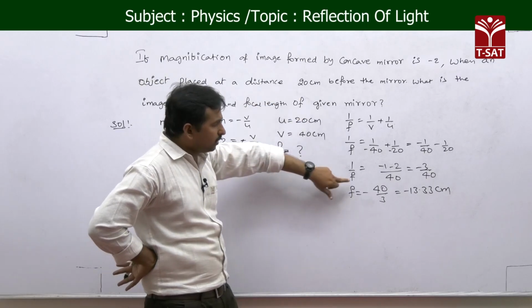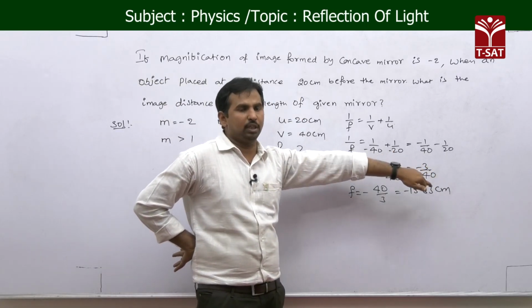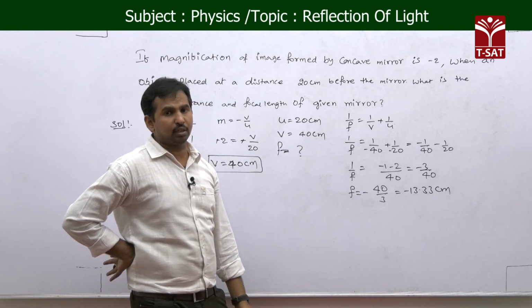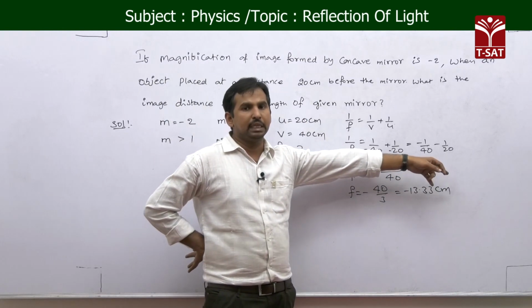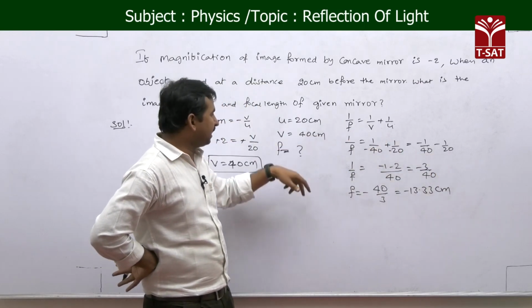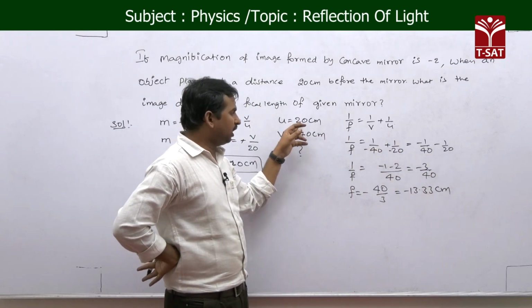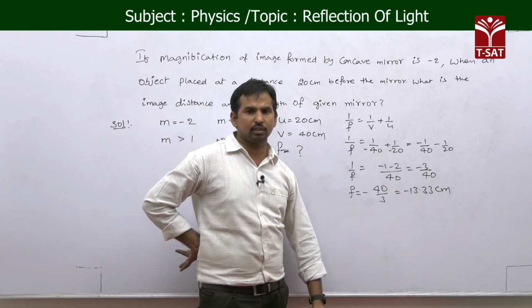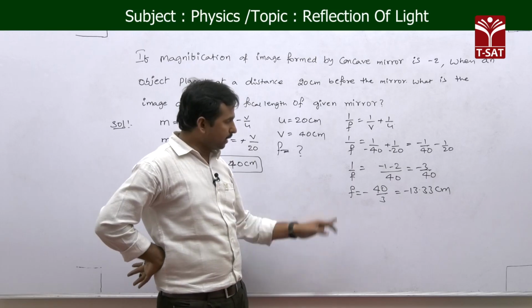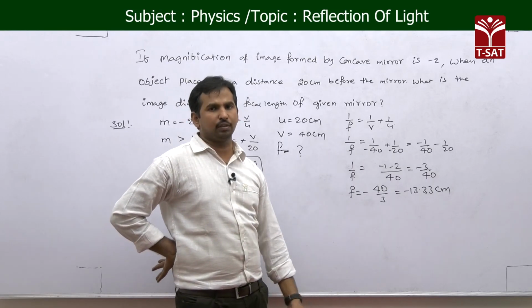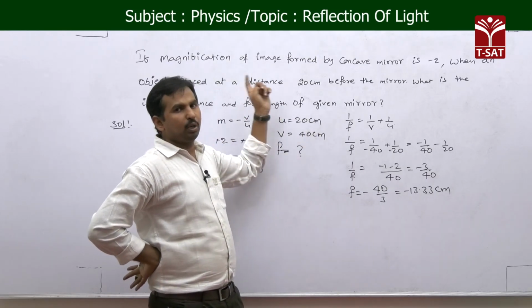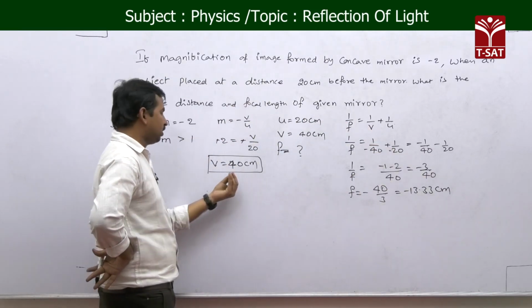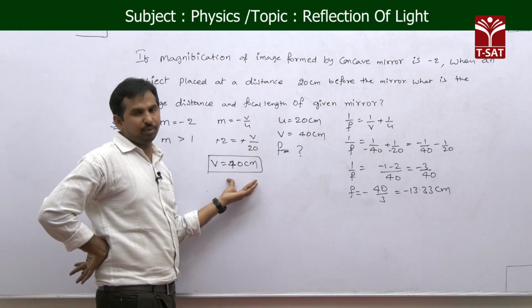If the focus is at approximately 13 centimeters, then the center of curvature is at 26.66, which means the object is in between focus and center of curvature. As the object is in between focus and center of curvature, the image is formed beyond C, which is more than 26.66 centimeters, and we got 40 centimeters.